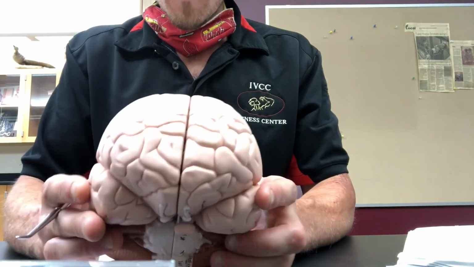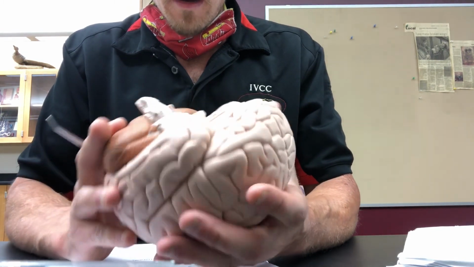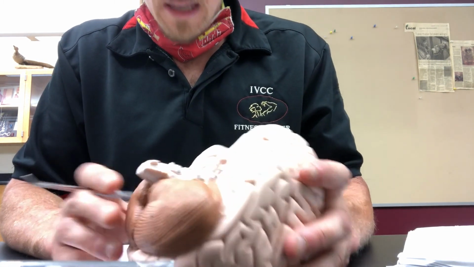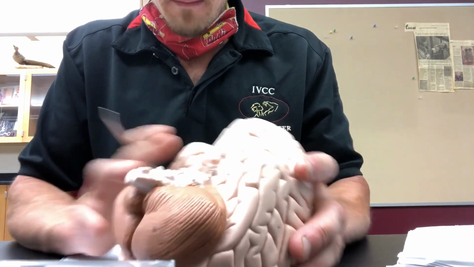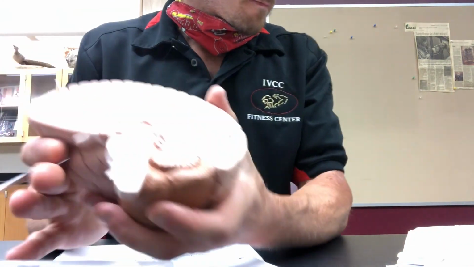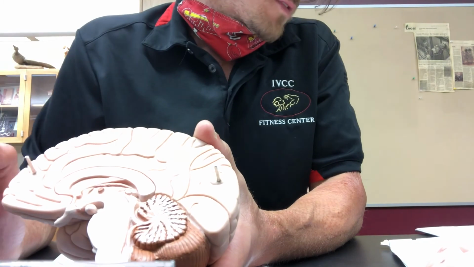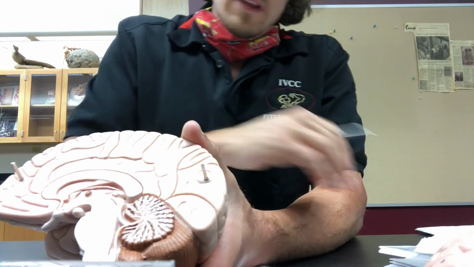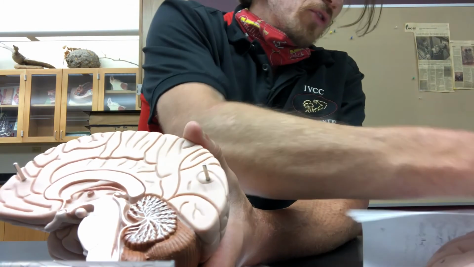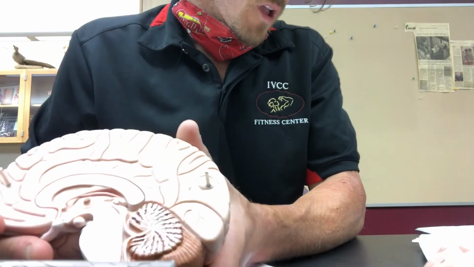Brainstem. Okay, we're gonna go ahead and split this apart again. No, actually, let's stay. Brainstem. Now with the brainstem, there's some major things we want to know about, and we need to be able to define the separate portions of the brainstem.